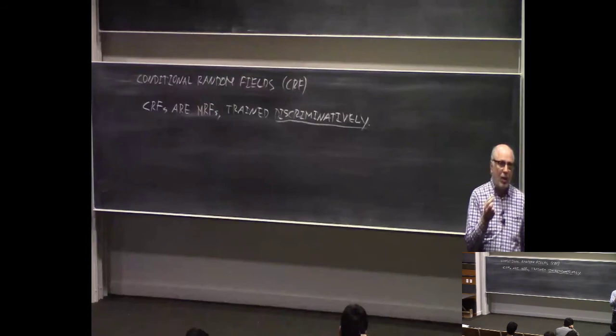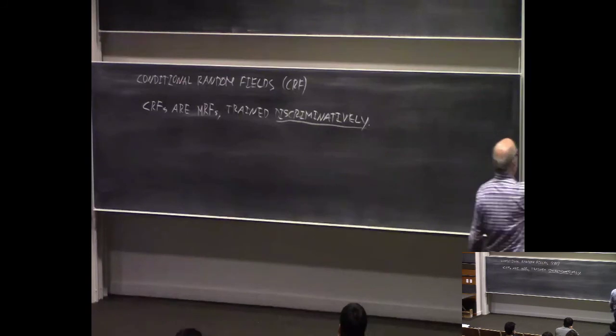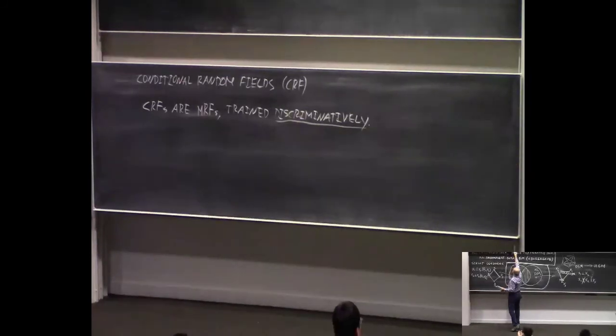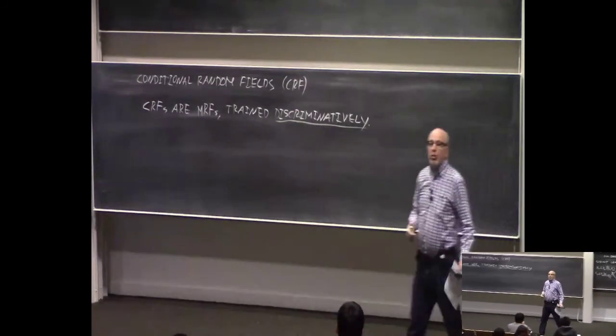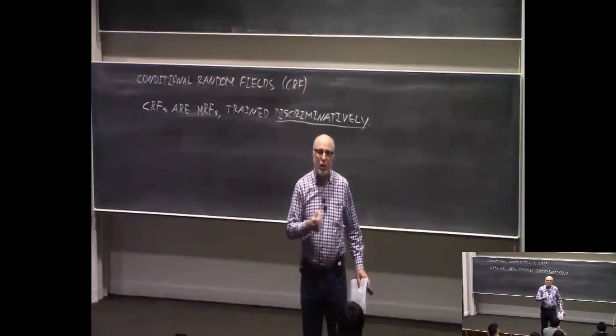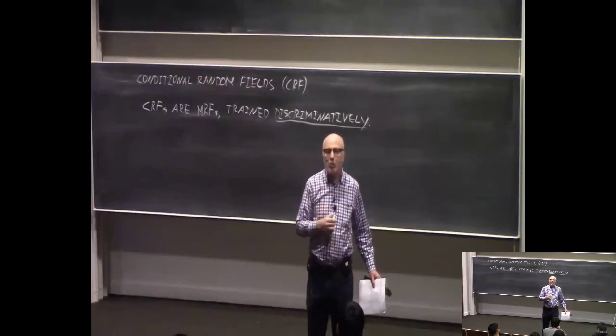In that case, you train the model to maximize not the joint likelihood of the entire data set, as we did here, but the conditional likelihood of the variables you care about, which you typically call the labels, the Ys, the typical output.